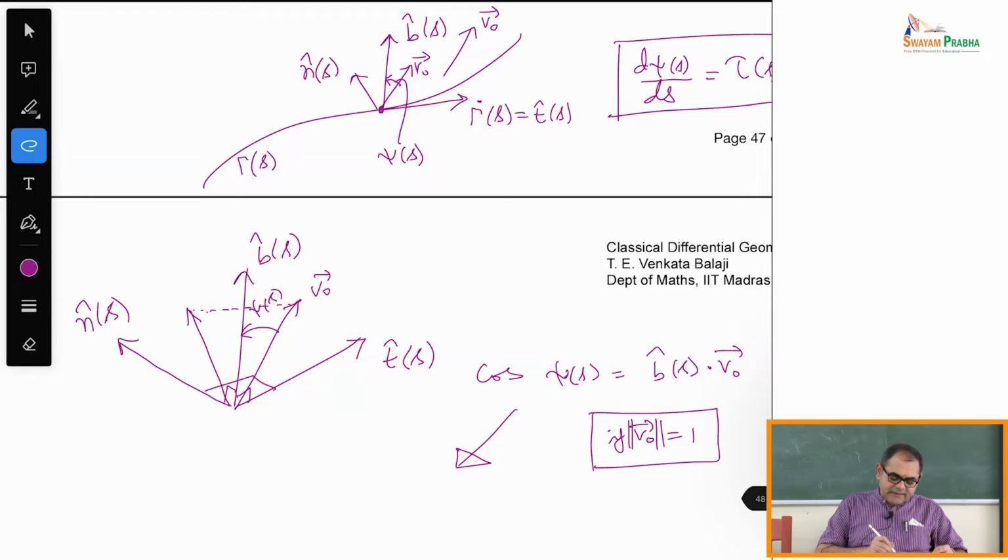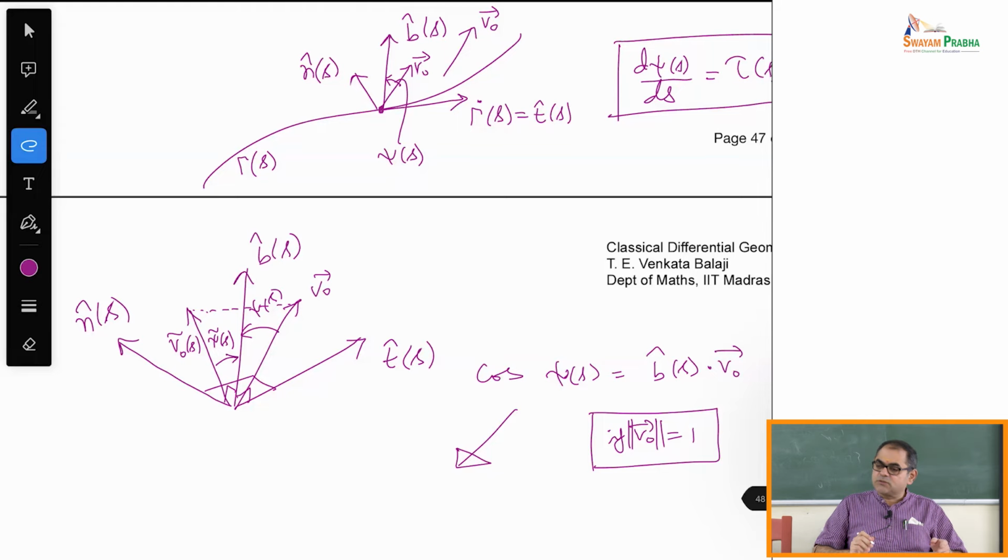You get this vector v naught tilde of s, the projection of v naught onto the normal plane, and this angle, if I call it psi tilde of s, I want you to understand that the dot product of v naught tilde and b cap is the same as the dot product of v naught and b cap. The reason is that v naught will have one component along the tangent direction, and the remaining part will be the projection onto the normal plane.